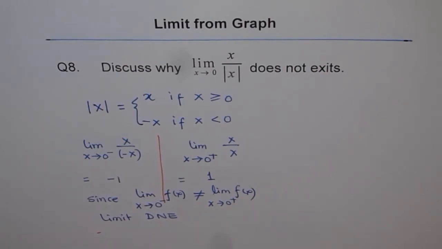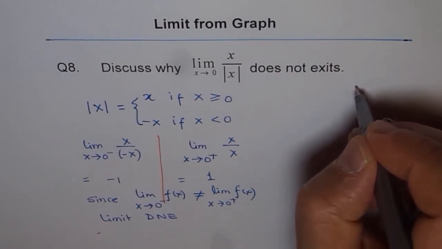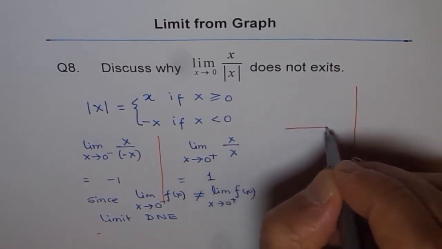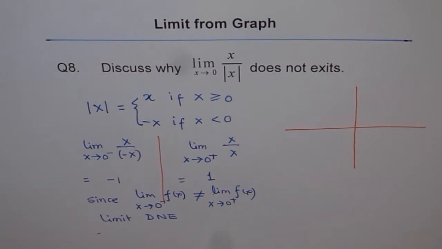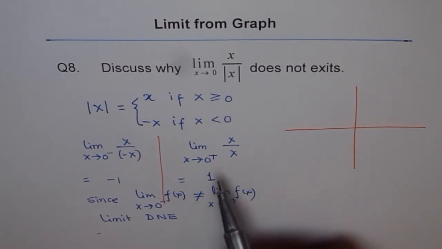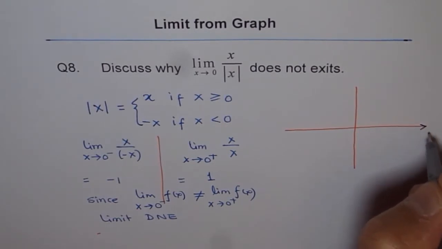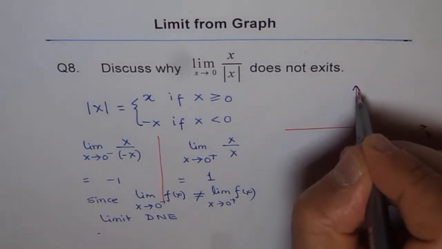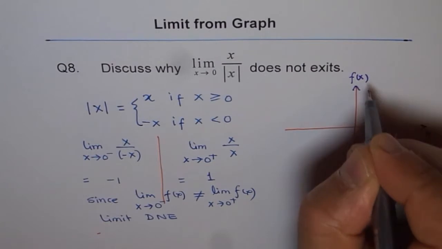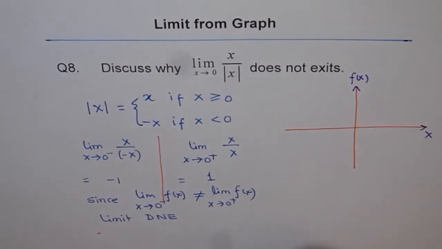Correct? Now let me draw a graph here and show you what I'm trying to say. When x is greater than 0, this is your x-axis, and that is your function f of x, which is x over absolute x.